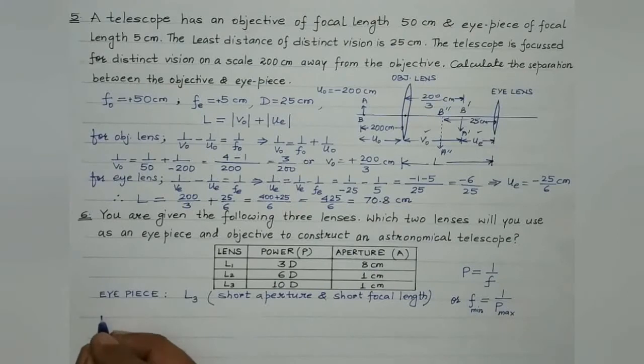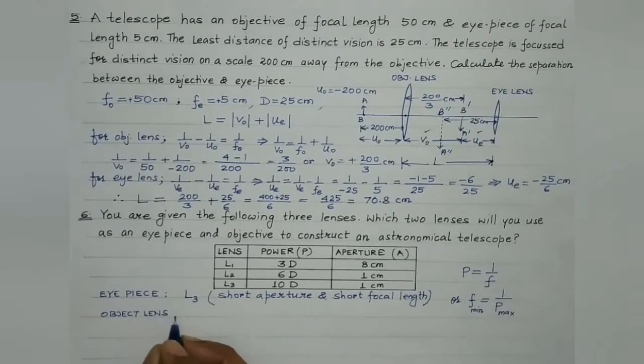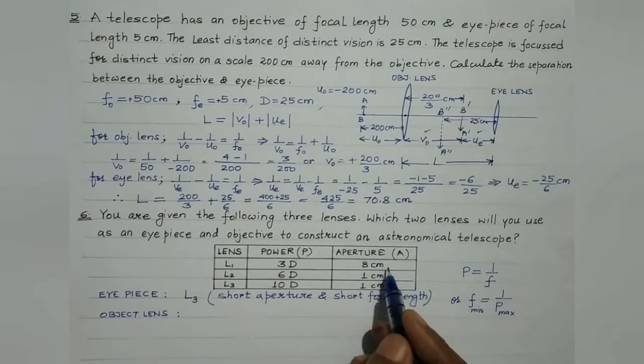While on the other hand students, for the objective lens, as I have just stated, the aperture and the focal length of the objective should be very large, so that the telescope may possess large light gathering property and large magnifying power. So its aperture should be large, isn't it? So 8 cm is the maximum aperture, and focal length should also be large.